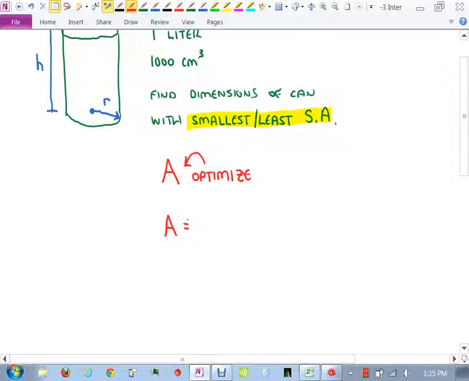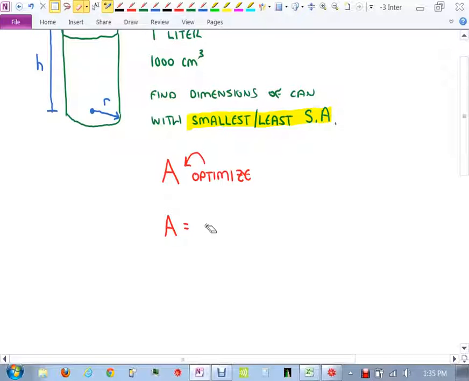Cylinder volume equals pi r squared h. Okay, look at me real quick. I'll show you this. Here's a can.